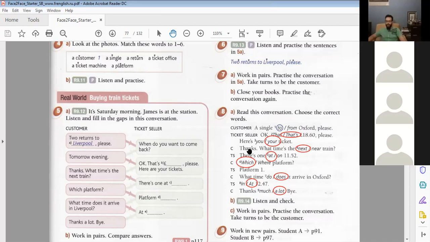A single to Oxford, please. Okay, Basma. That's 18 pounds 60.